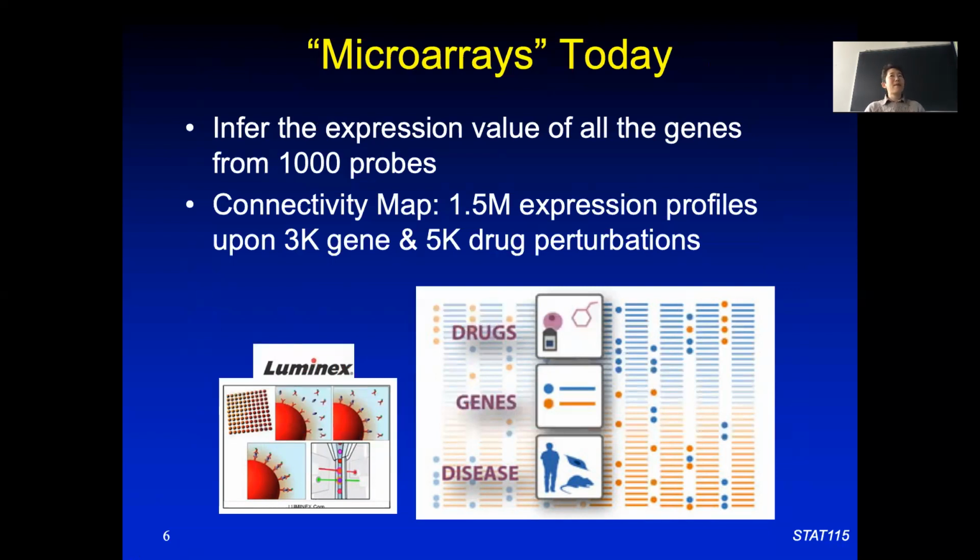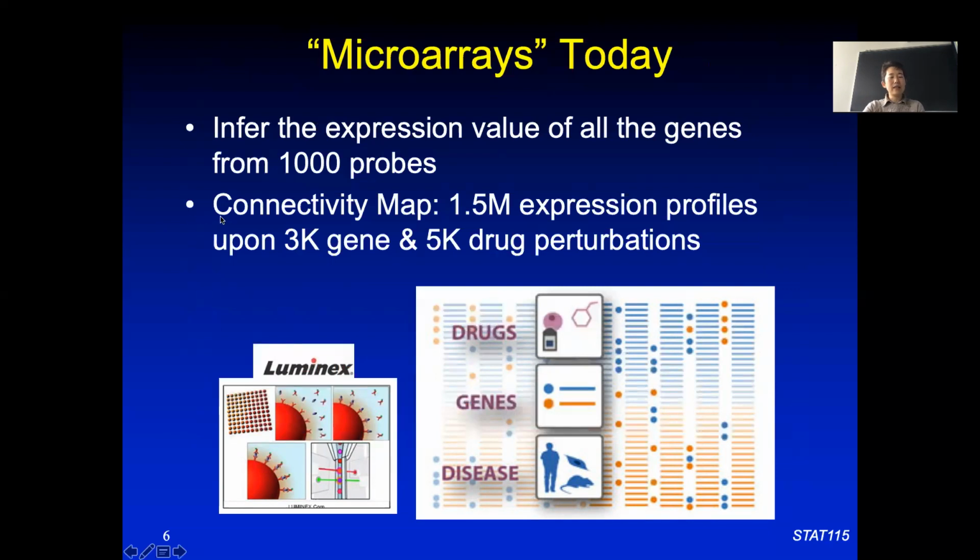But there are enough public expression data out there that, based on 1,000 genes, they can guess what the remaining 20,000 genes look like. It's not really an array, it's just a bead you put in a machine, and this only costs a few dollars per sample. So you can get a very rough idea of what the cells are expressing in a particular cell condition.